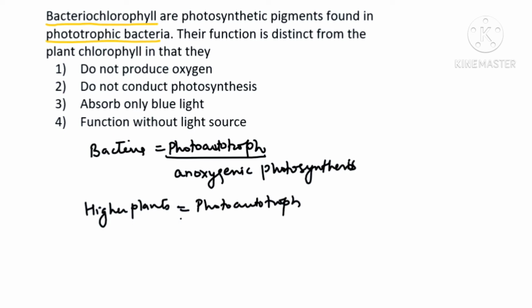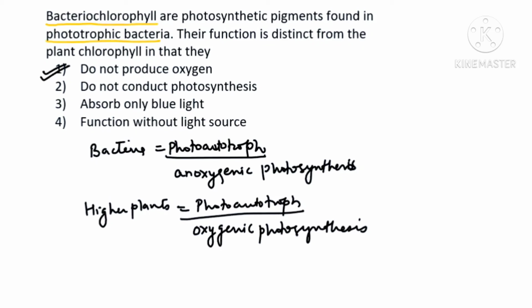It means they will do the photolysis of water, and after photolysis of water, they will liberate oxygen. I hope this explanation is helping you to approach the right answer. Both have chlorophyll, but we give the name bacterial chlorophyll specifically to indicate that they don't do photolysis of water. It means they will not produce oxygen. Understood? This much is clear.